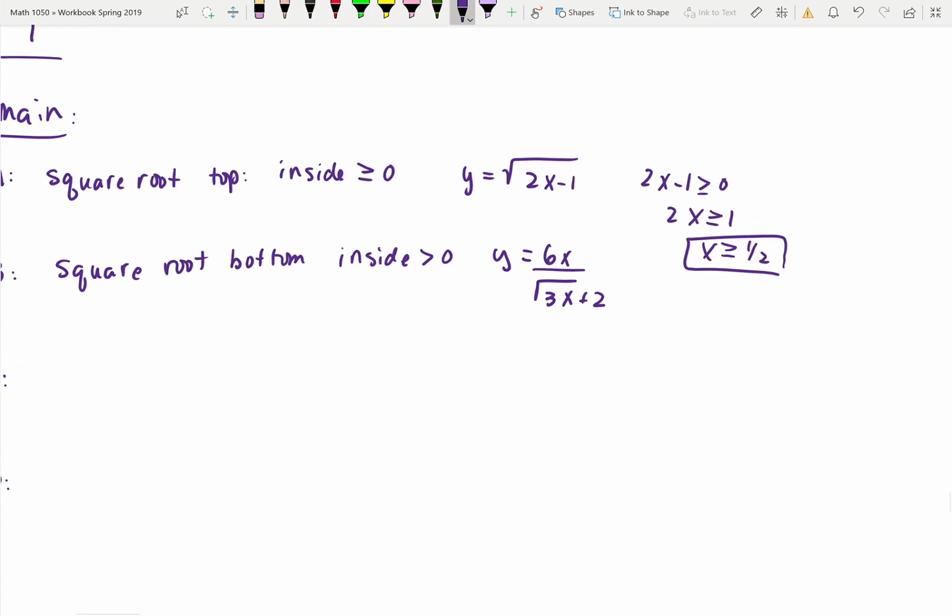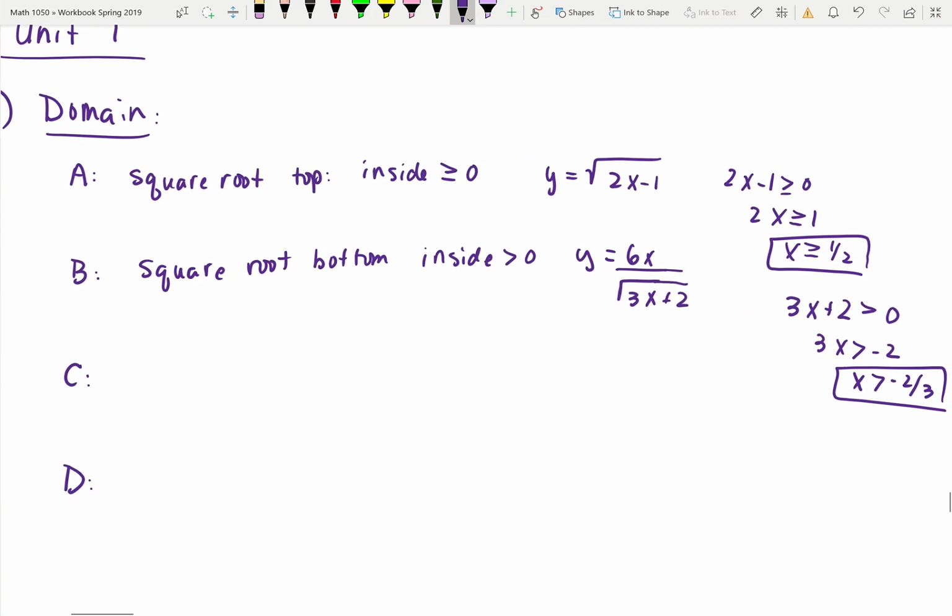You have a square root on the bottom. Normally for a square root, we'd say greater than or equal to, but since it's on the bottom, you just drop the equal sign. That's all you do. So then 3x is greater than negative 2, so x is greater than negative 2/3, and that's it.